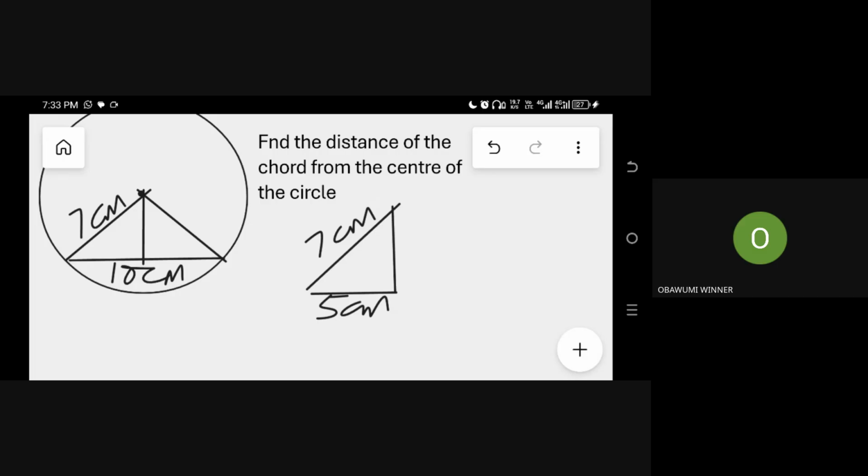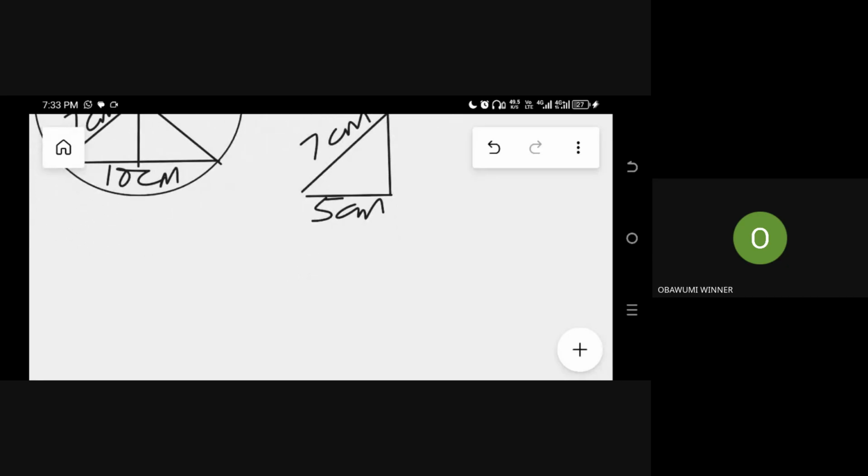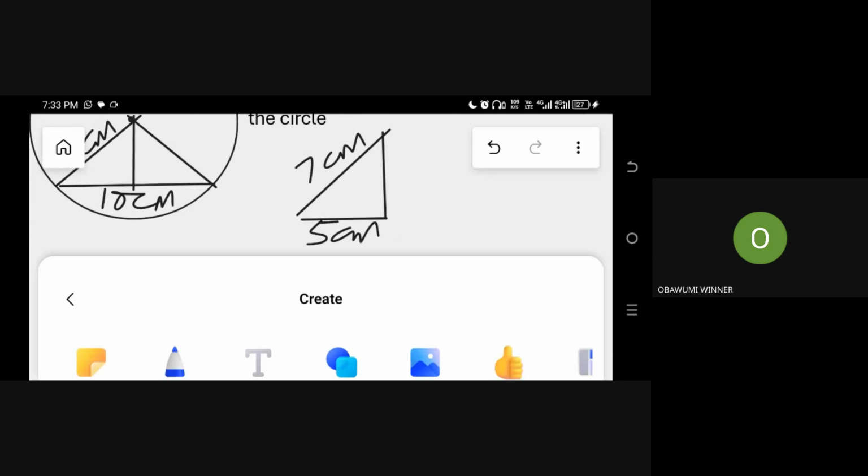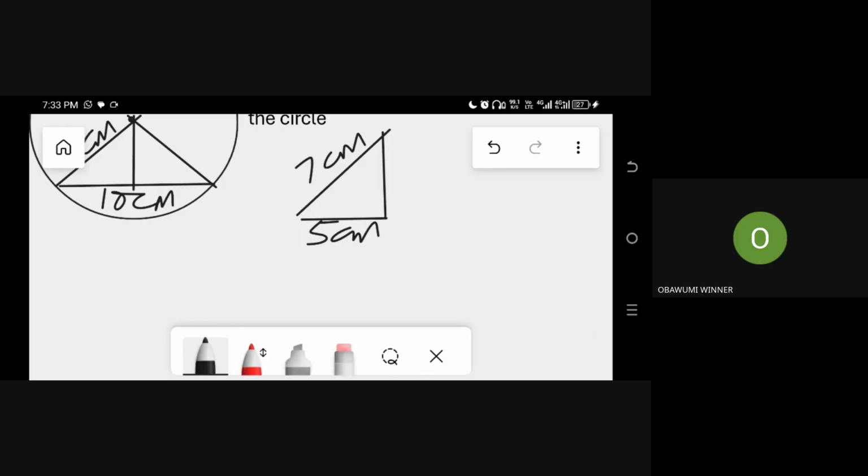Working with a right angled triangle, and we have two lengths, so looking for the third length. All right, good. The Pythagorean theorem does the work for us. By the Pythagorean theorem, we know that the square of the hypotenuse is equal to the square of the opposite plus the square of the adjacent.